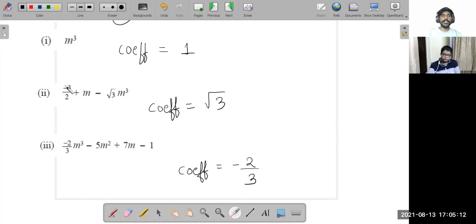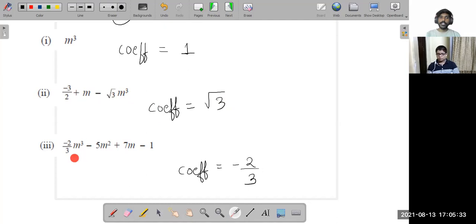Now note one thing, that this is a very good example. All three are polynomials. If you see the second example, the coefficient of m cube is an irrational number. So as I said, coefficient can be irrational.